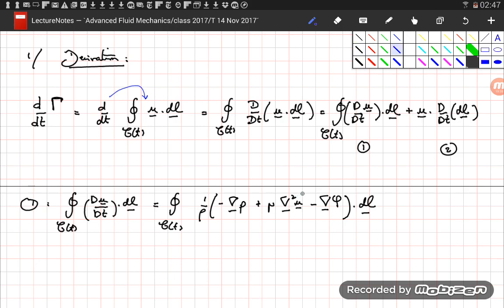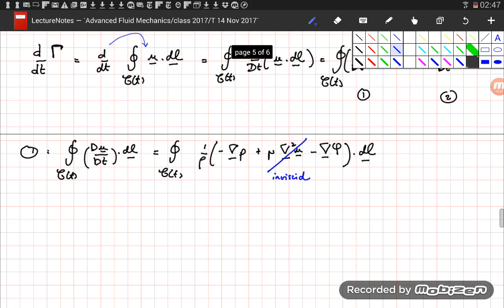So first of all, we assume the flow is inviscid, so this term is negligible. And then we are left with the integral along a closed contour of a gradient. So because of the fundamental theorem of calculus, we know that this is going to be equal to 0.